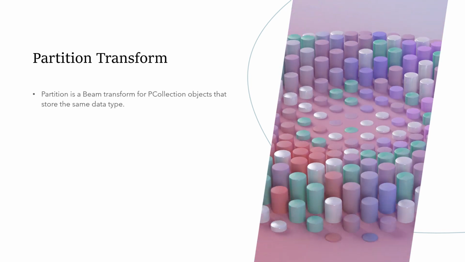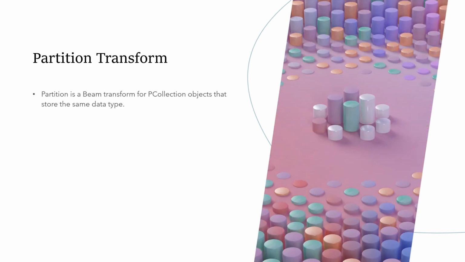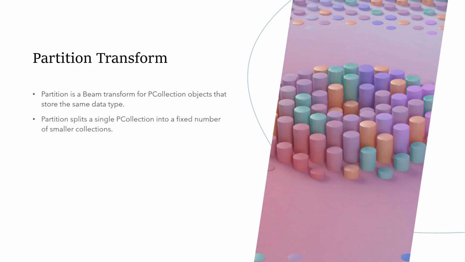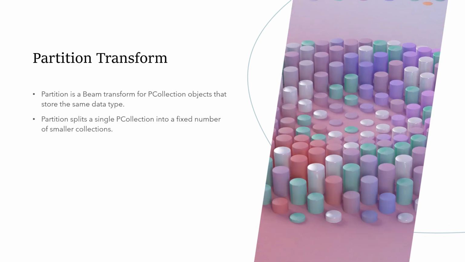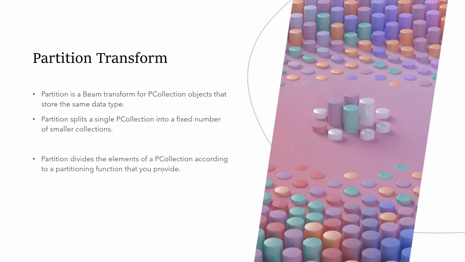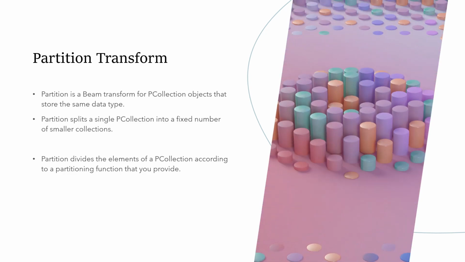Partition is a Beam transform for PCollection objects that store the same data type. Partition splits a single PCollection into a fixed number of smaller collections. Partition divides the elements of a PCollection according to a partitioning function that you provide.